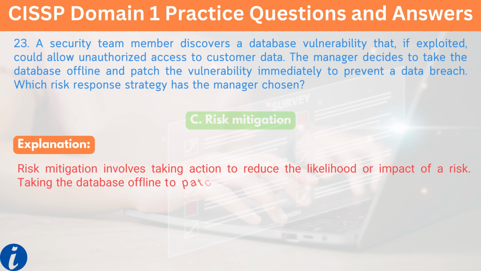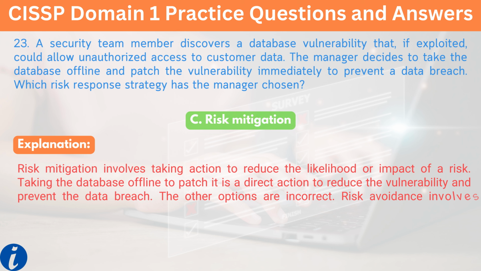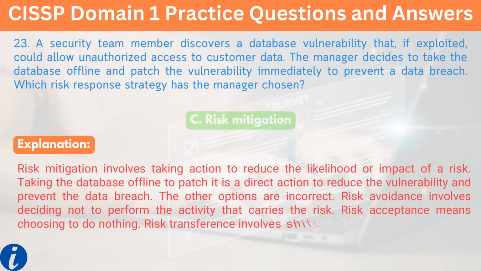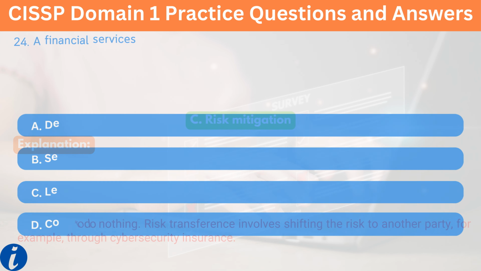Risk mitigation involves taking action to reduce the likelihood or impact of a risk. Taking the database offline to patch it is a direct action to reduce the vulnerability and prevent the data breach. The other options are incorrect. Risk avoidance involves deciding not to perform the activity that carries the risk. Risk acceptance means choosing to do nothing. Risk transference involves shifting the risk to another party, for example, through cybersecurity insurance.